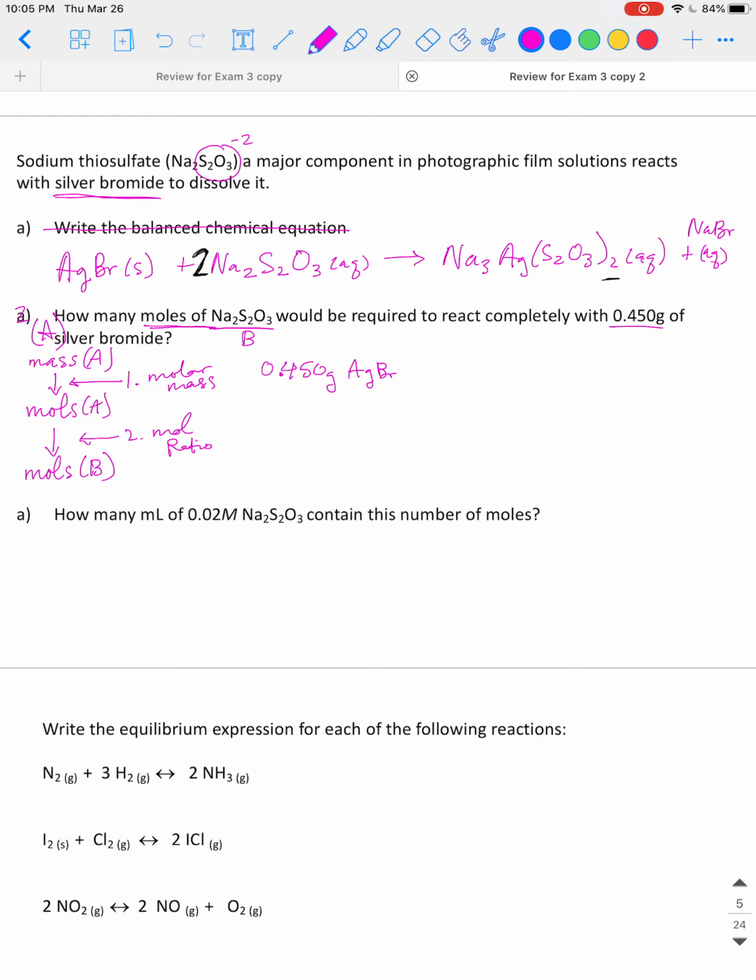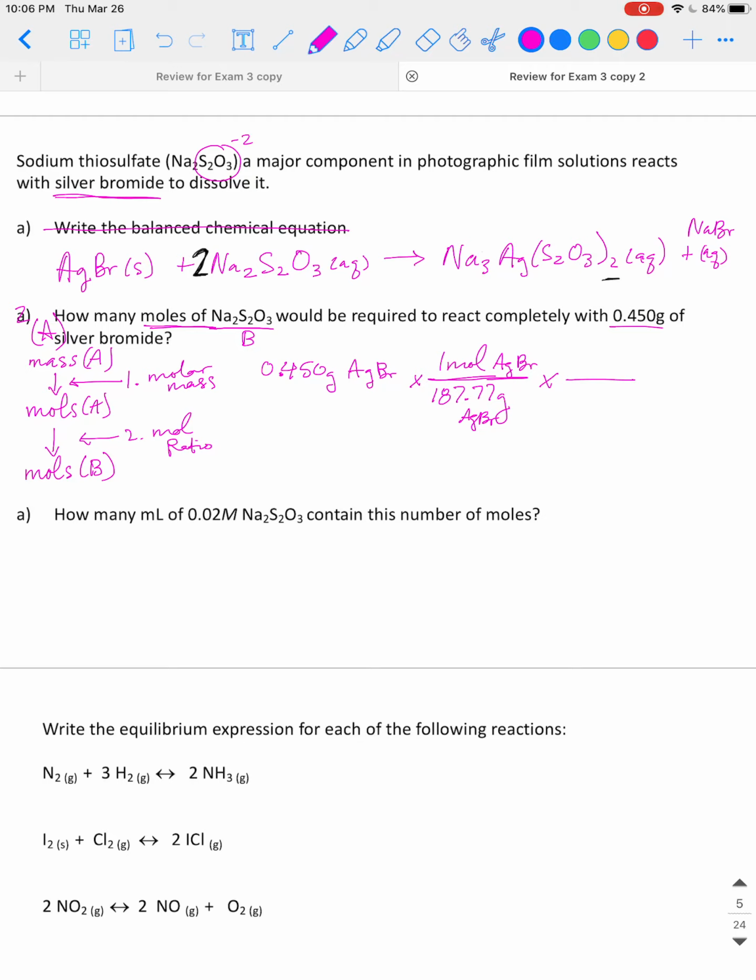And that number is 187.77 grams per mole. So for every 187.77 grams, we get 1 mole, and this is AgBr, silver bromide. Okay, so that's step number 1, we use the molar mass converted to moles.